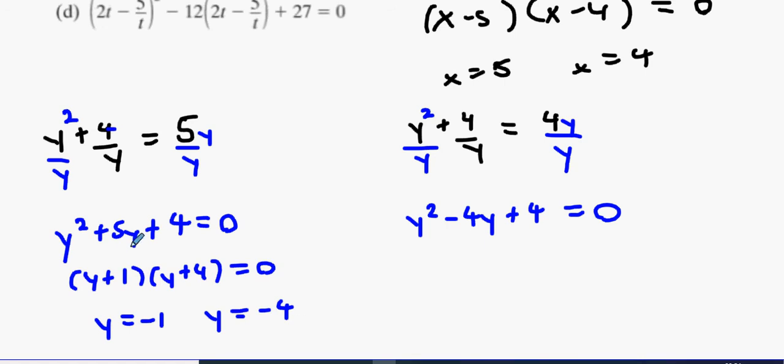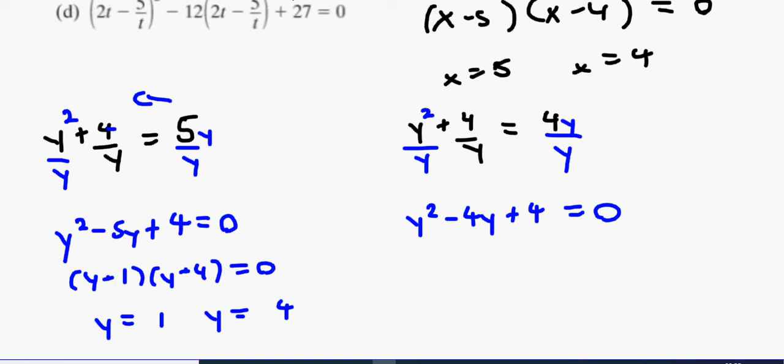Oh, sorry, it is minus 5y. Excuse me, when you bring the 5y over, it becomes minus. So that makes that a minus. So it's y minus 1, y minus 4. And that makes that plus 1 and plus 4.